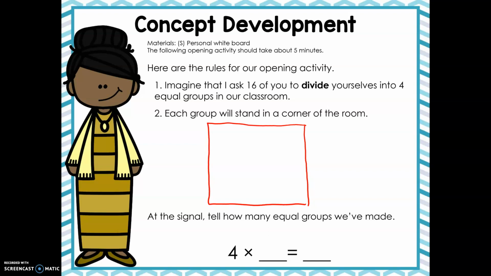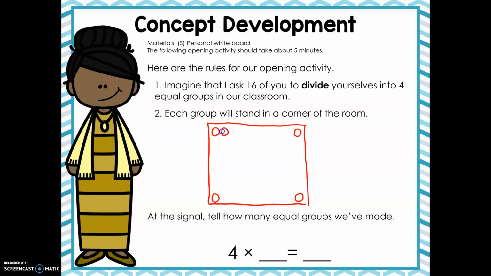So here's what I'm going to do. I am going to put 1 person in each corner at a time. Here's a person in that corner, a person in that corner, and so on. All right, so 4 people have separated themselves so far. Are we done? Nope, we have to get to 16.